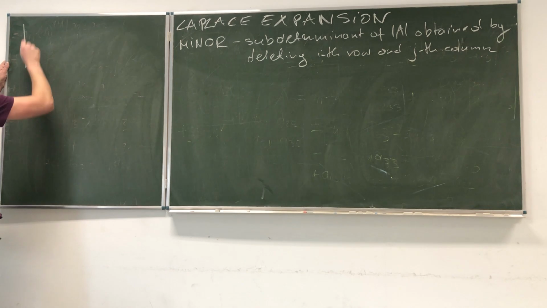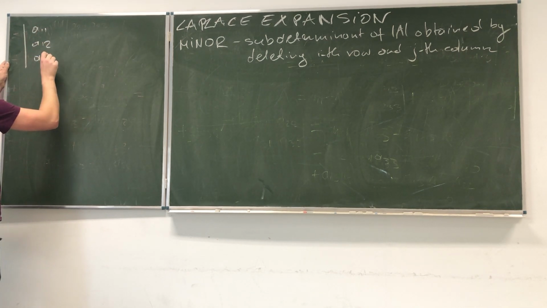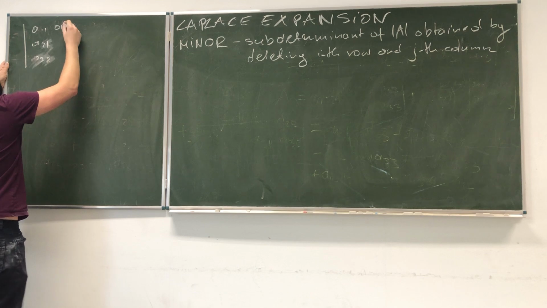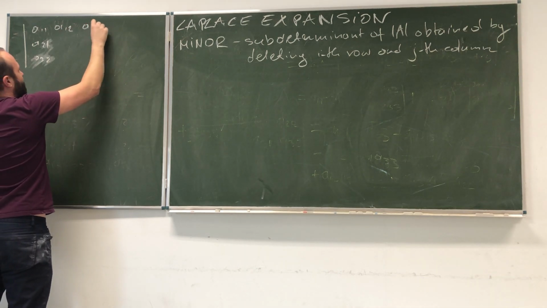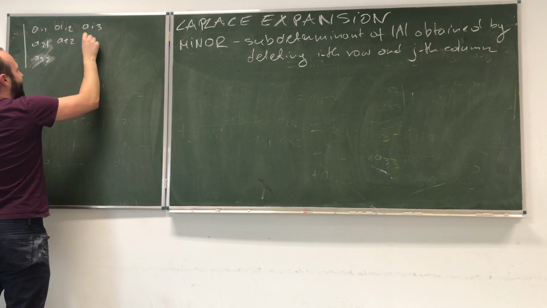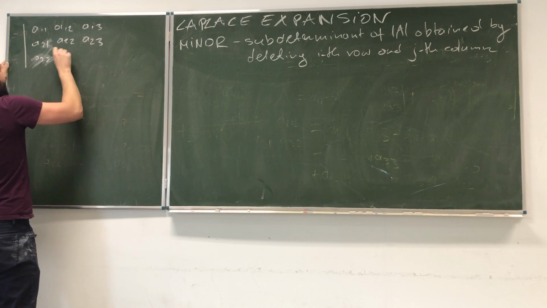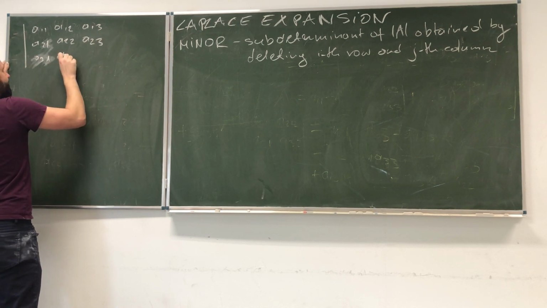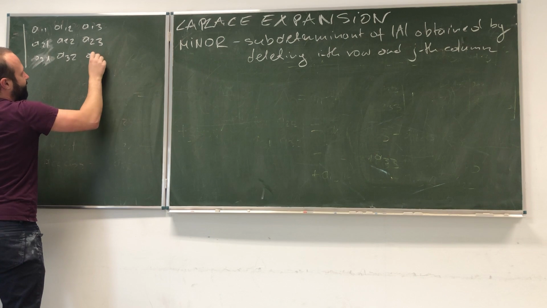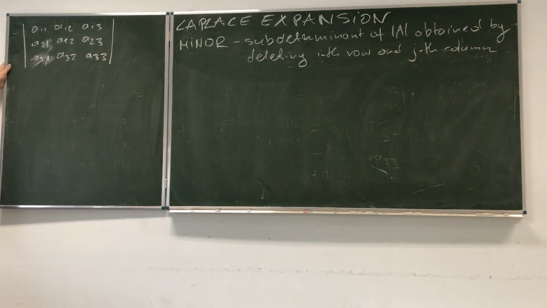So if we have the determinant A11, A12, A13, A21, A22, A23, A31, A32, A33. Right? So now I want to calculate a minor.